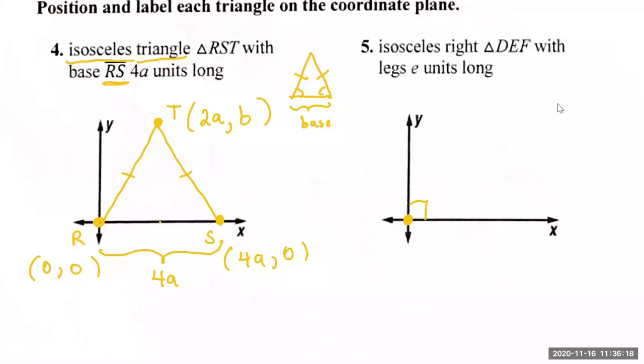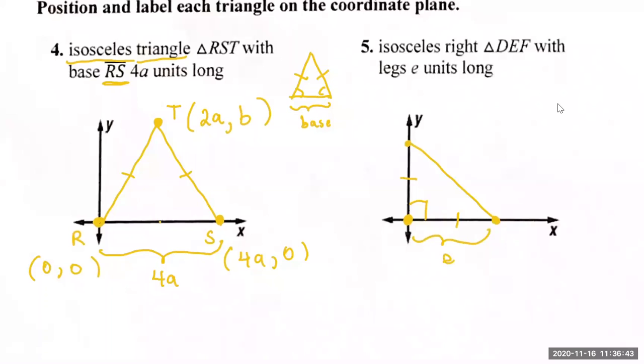And the reason being, if this is an isosceles right triangle, when I sketch it, that did not come out really nice, then the legs that I know are congruent happen to fall on the x and y axis. And that's nice because now it's going to allow me to define these points using the fact that each one of the legs is e units long.